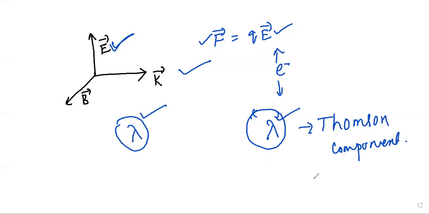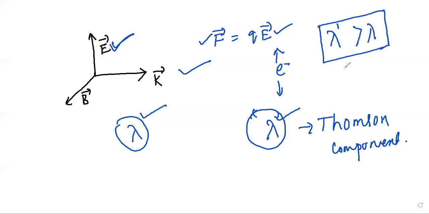So the presence of this longer wavelength, which we said is lambda prime, greater than the value of lambda, the modified or Compton component in the scattered radiation, cannot be explained on the basis of the wave model of radiation.